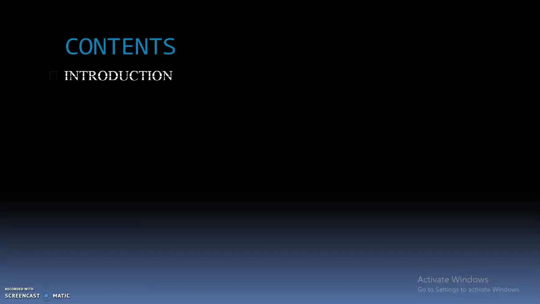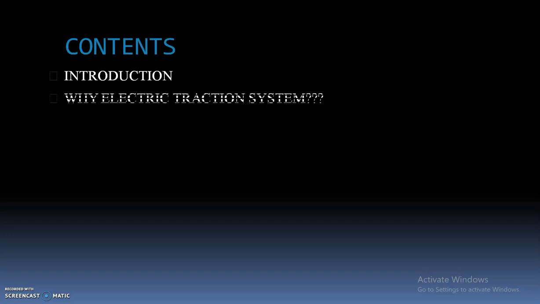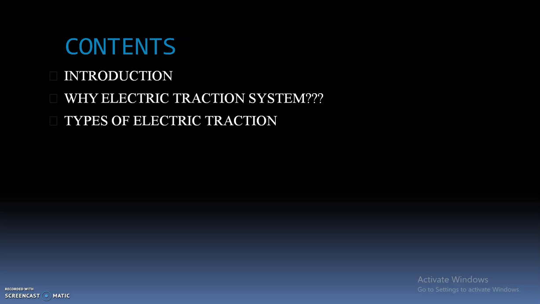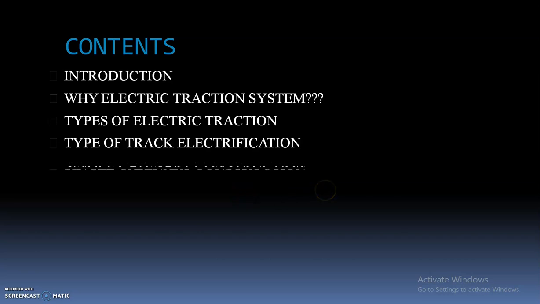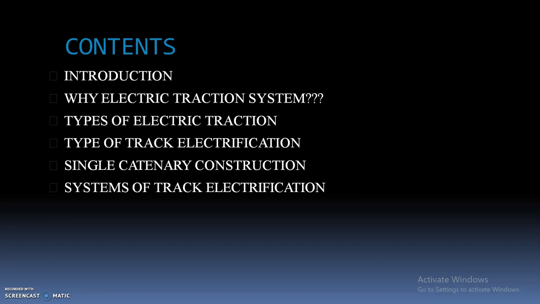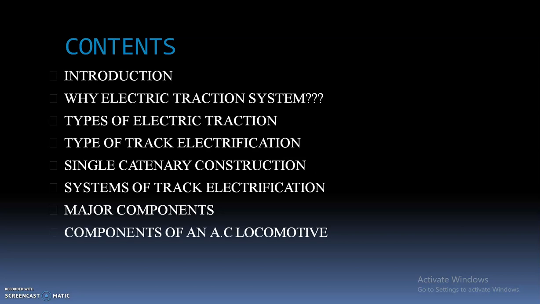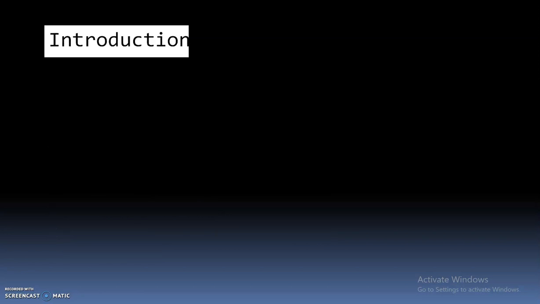The contents of this presentation involve introduction, why electric traction system, types of electric traction, types of track electrification, single catenary construction, systems of track electrification, major components, components of an AC locomotive, and conclusion.